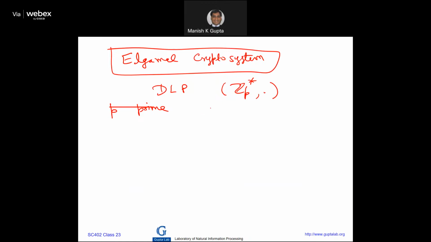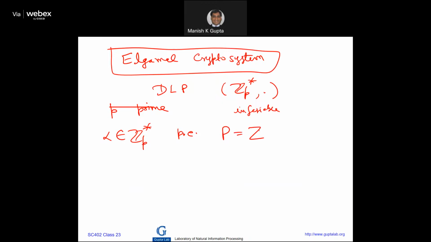P is a prime, and we make sure that the discrete log problem is infeasible in Z_P star. Alpha is an element in Z_P star, and it's a primitive element, so the order of alpha is p minus 1.